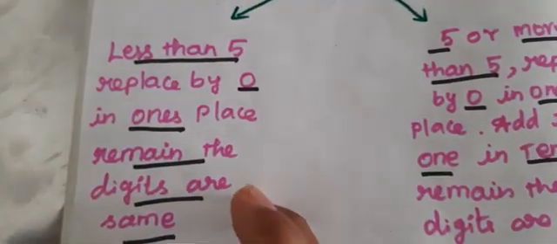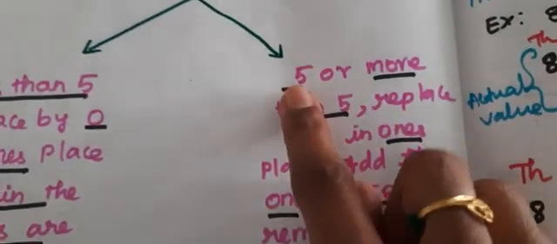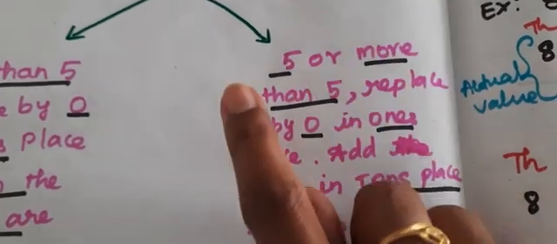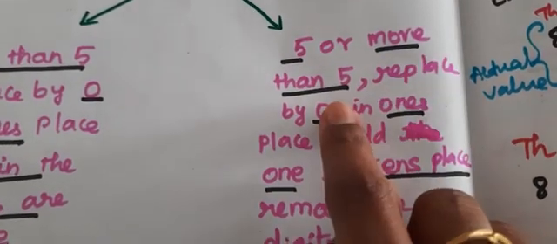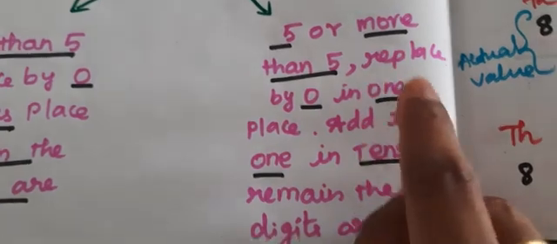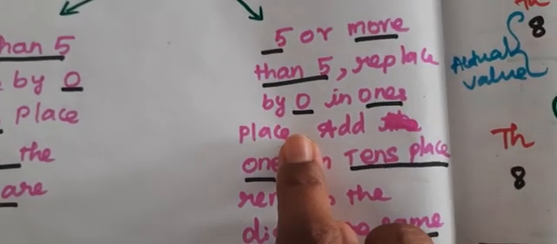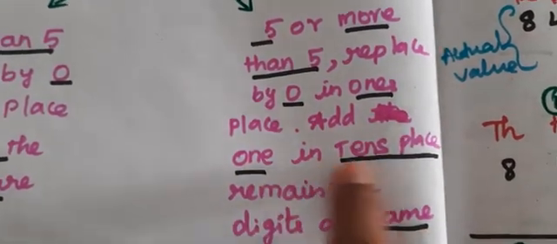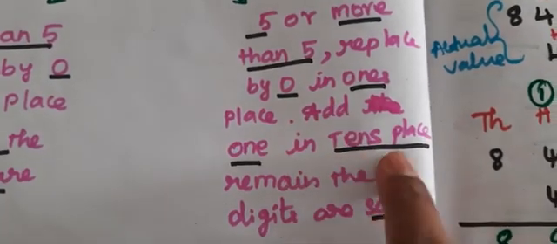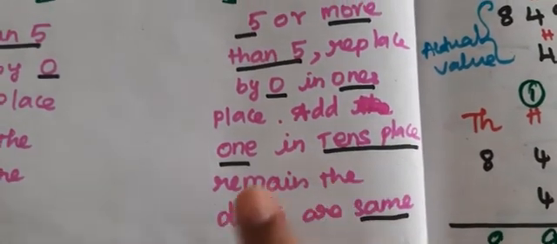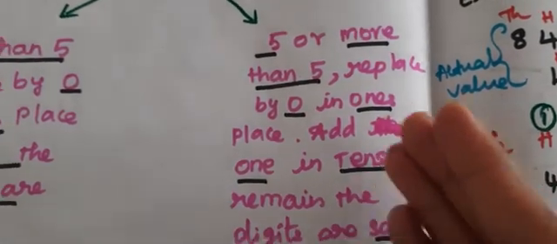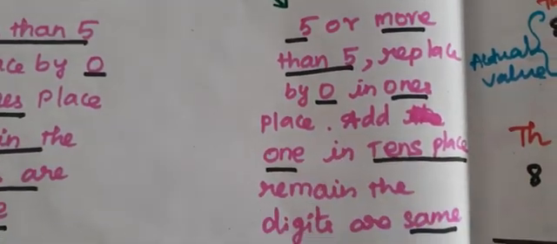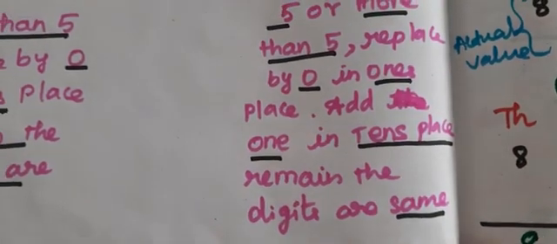This is one rule. The other is 5 or more than 5 in the ones place: replace by 0 in the ones place, add 1 in the tens place, and the remaining digits are the same, written as given in the question.